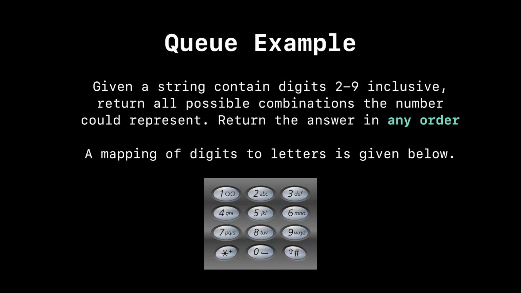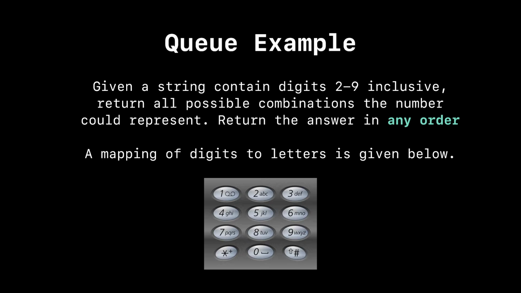Let's look at an example of where we could use a queue. Let's read this problem. Given a string that contains digits 2 to 9 inclusive, return all possible combinations the number could represent. Return the answer in any order. A mapping of digits to letters is given below, and we can see that 1 doesn't represent anything.